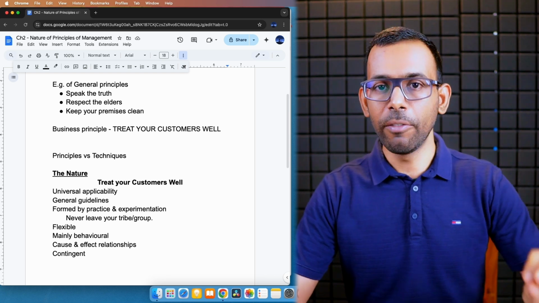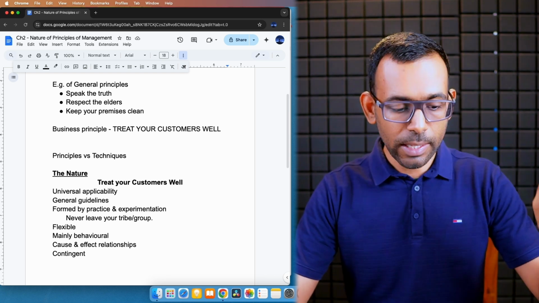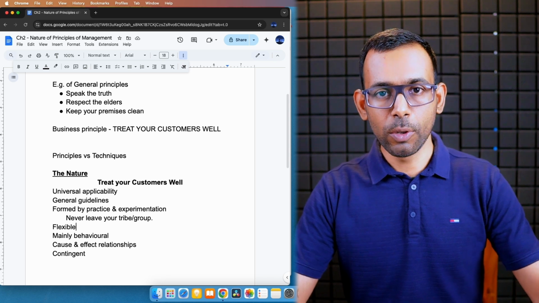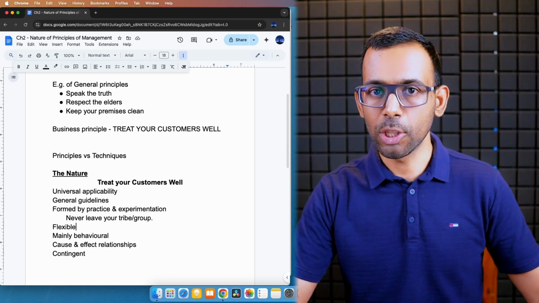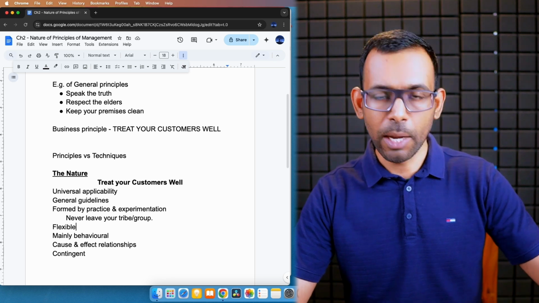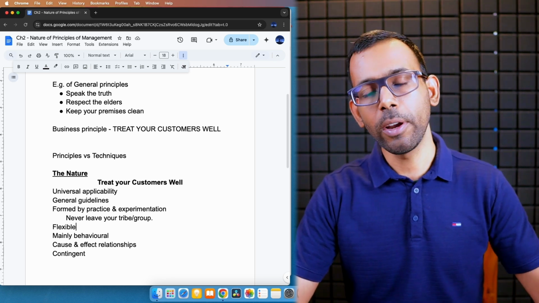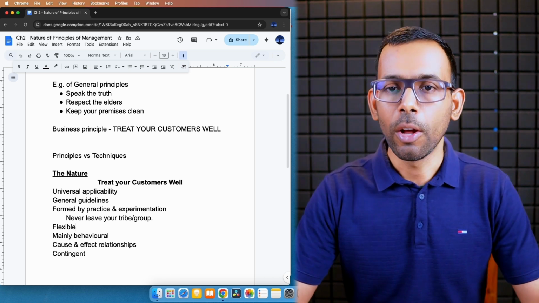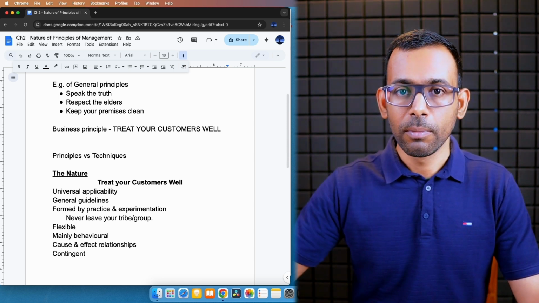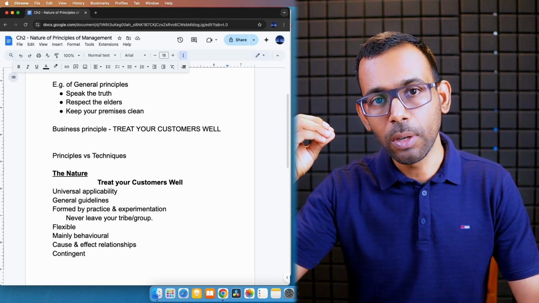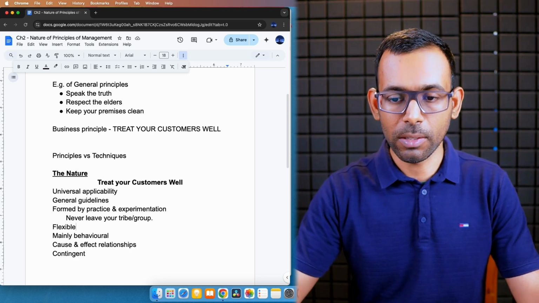Gravity works everywhere on the planet at the same force. The force of gravity is what? 9.8 meters per second squared, isn't it? So it is 9.81 in Australia, it is 9.81 in Europe and everywhere on the planet. That is a scientific principle because it has absolute rigidity. You cannot make it flexible.